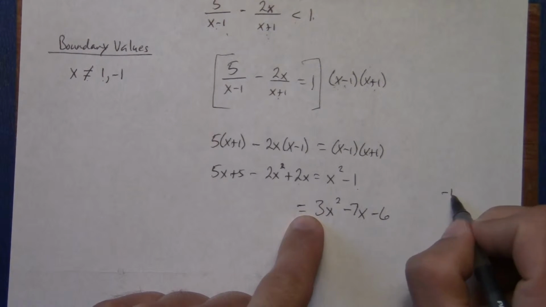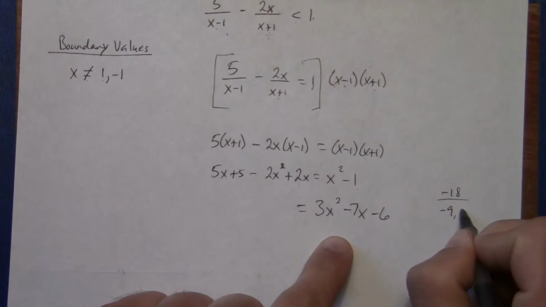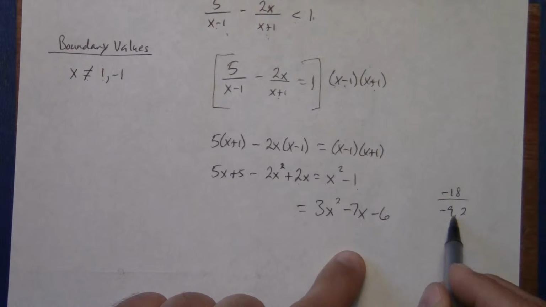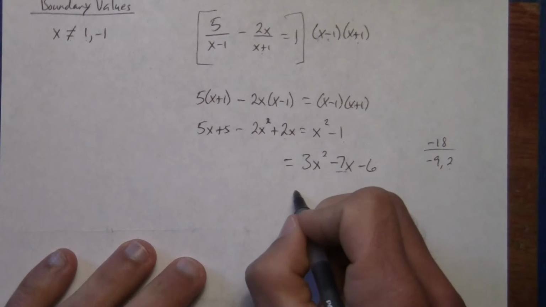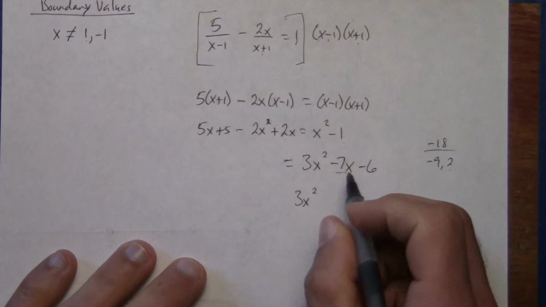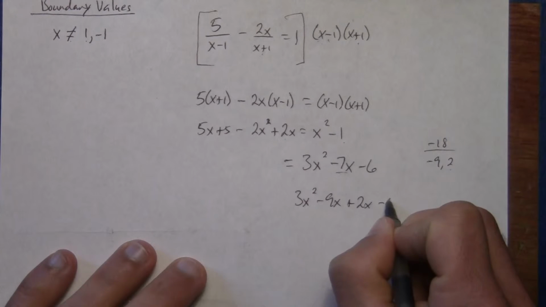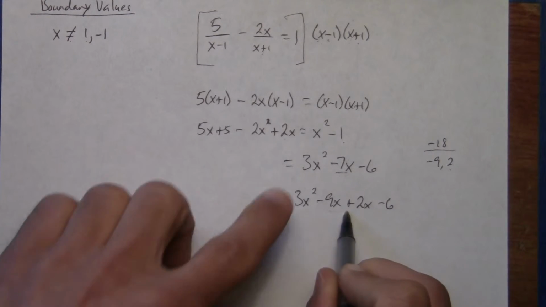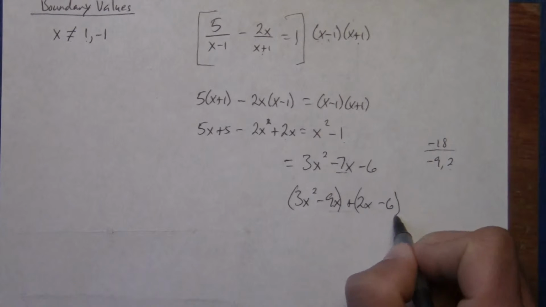If I multiply the front and back numbers together, I get negative 18. Factors of negative 18 that I'm looking for, it looks like negative 9 and positive 2 will give me that negative 7. So I can rewrite this as 3x squared minus 9x plus 2x minus 6, where that is the same thing as negative 7x. And then we do our little factor by grouping trick.